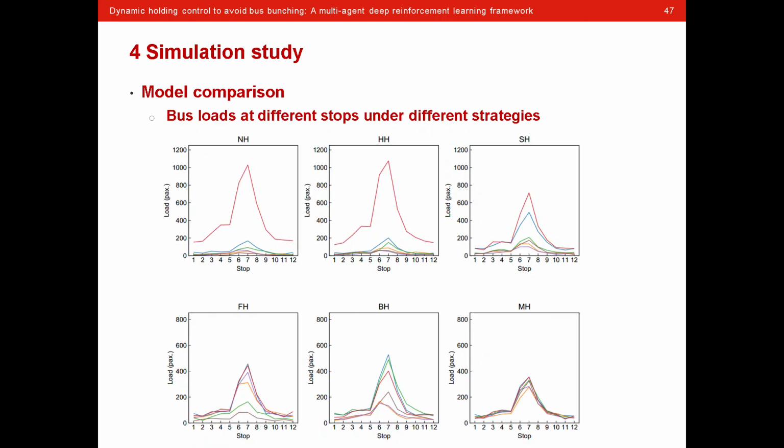And let's look at the comparison in different indices. The first is the bus loads at different stops under different strategies. As you can see, if bus bunching happens, the bus loads at different stops tend to have a large gap, because one bus takes all the passengers, while other buses arrive at the bus stop with no passengers left because they arrive right behind it.